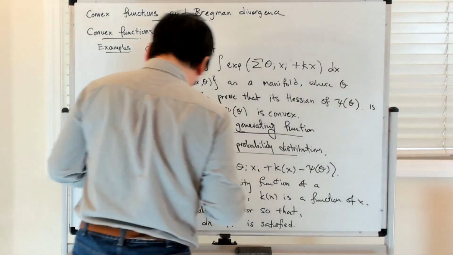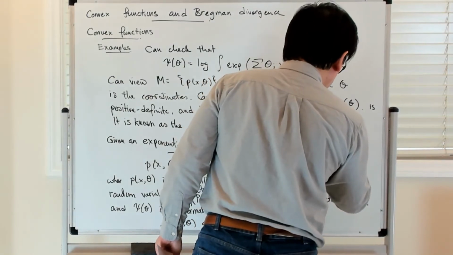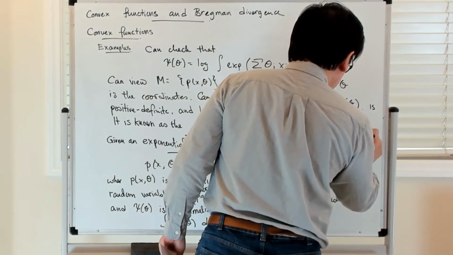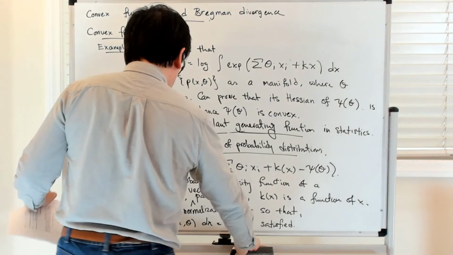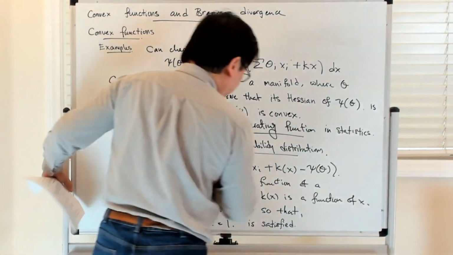This is what is known as the cumulant generating function in statistics, and it's also known as the free energy in statistical mechanics or physics.